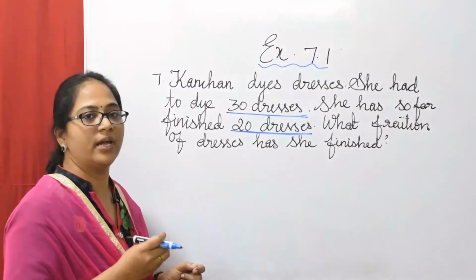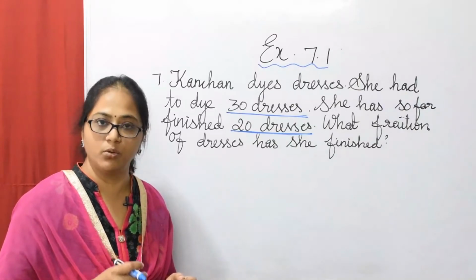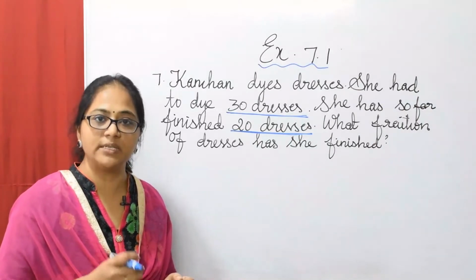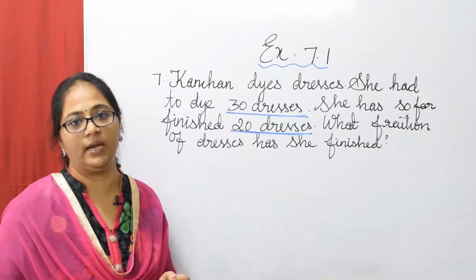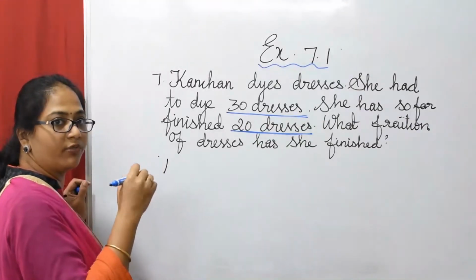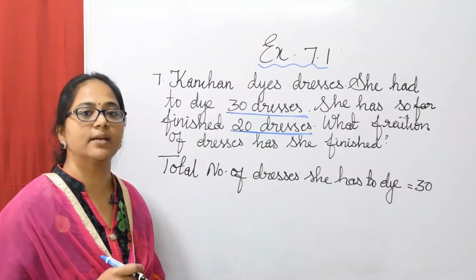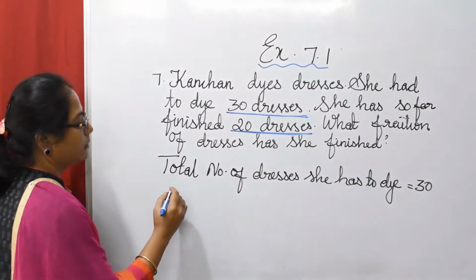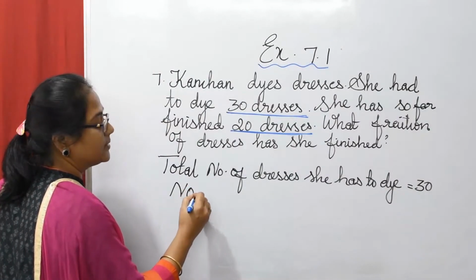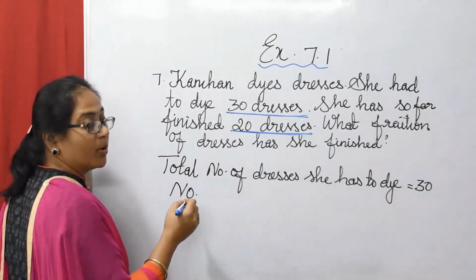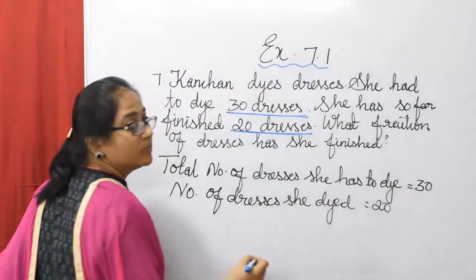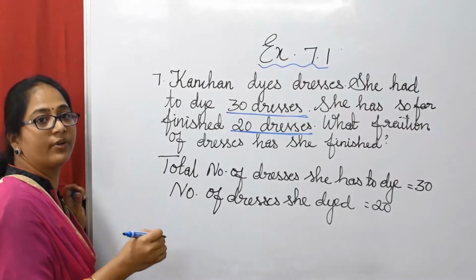So first, the information what we should know is the total number of dresses she has to dye. Now the work she has completed, the number of dresses she dyed. So now what is the required fraction?